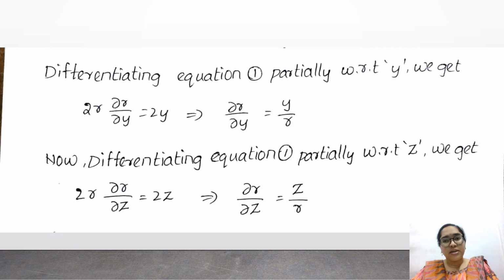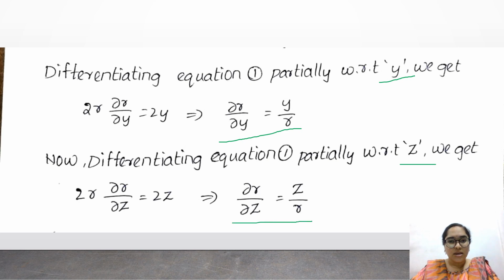We similarly differentiate equation 1 with respect to y and z. When we differentiate with respect to y, we get dou r by dou y equals y by r, and with respect to z, we get dou r by dou z equals z by r.